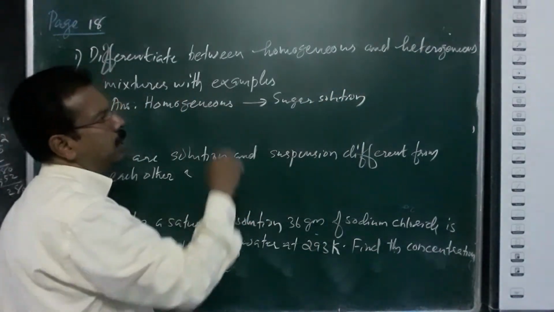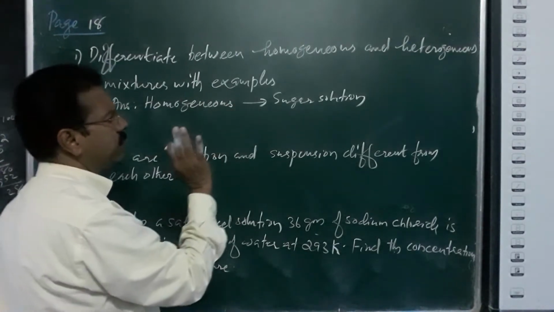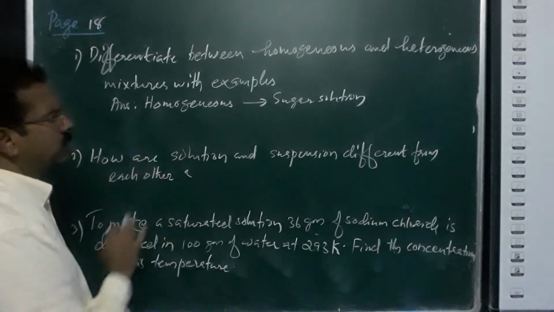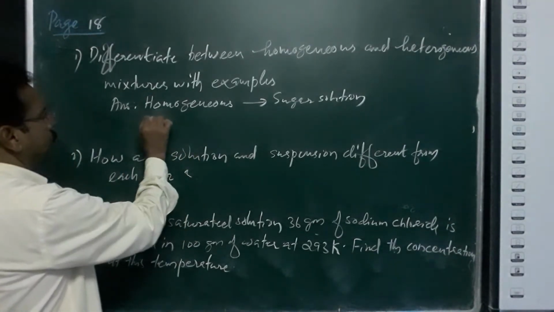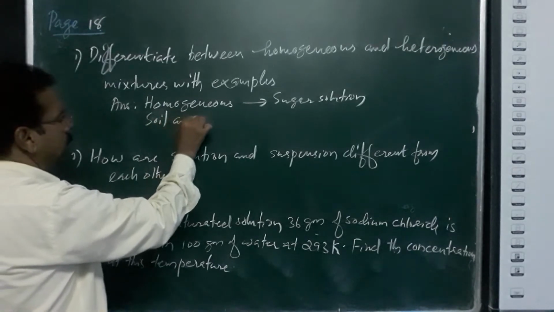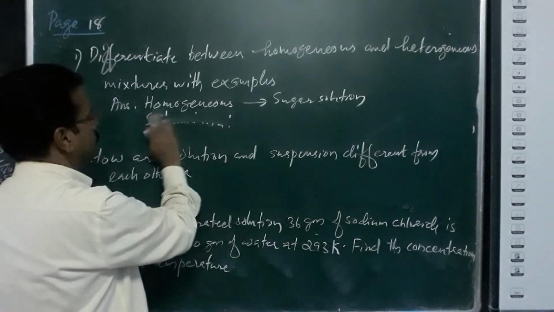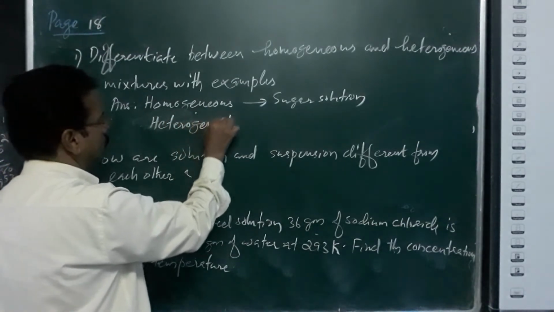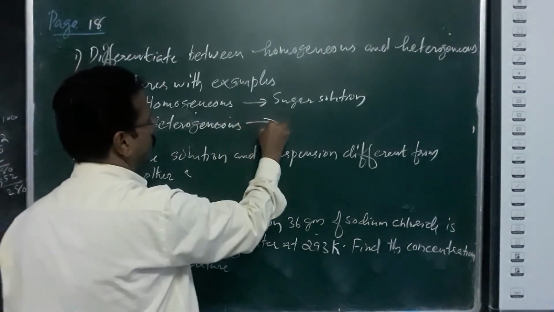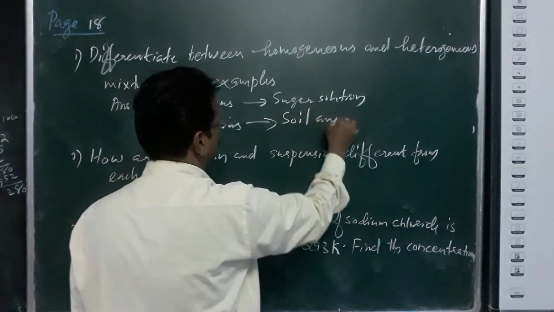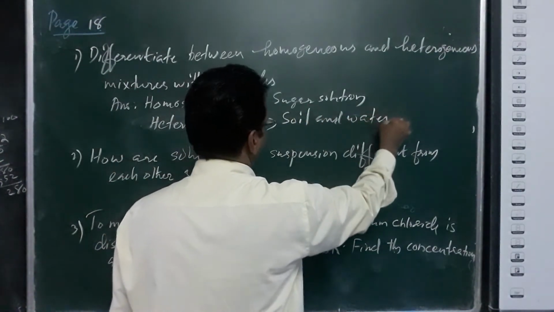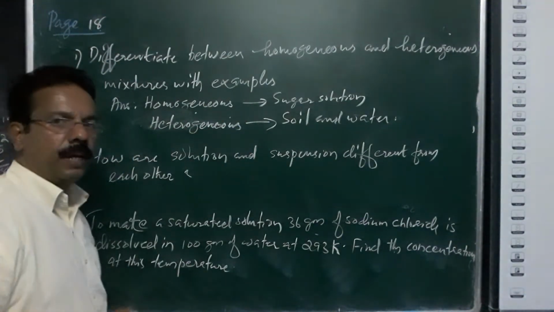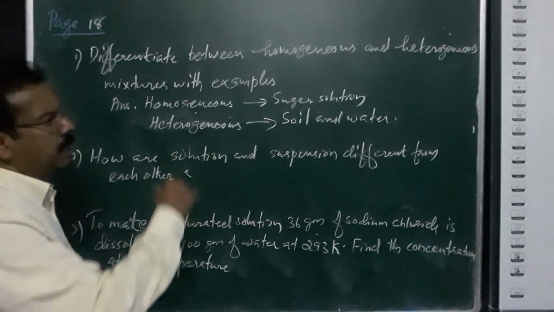In sugar solution, the different components are not visible, and there is uniform composition in the mixture. Heterogeneous, soil and water. Soil and water we can see separately. They are suspended in the mixture.